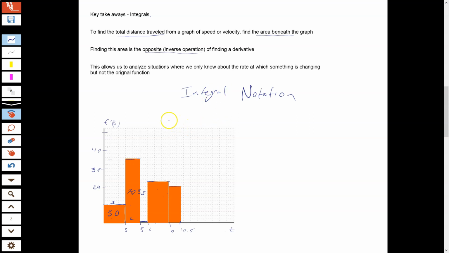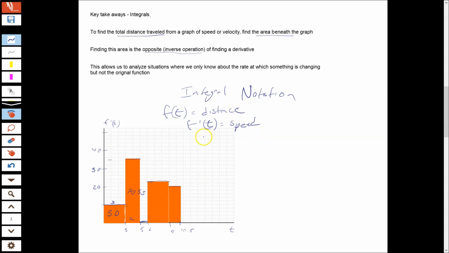So as a reminder, f of t in this case represented distance. F prime of t represented, we'll say speed. We're traveling the same direction, so speed and velocity are kind of interchangeable in this case. F prime of t was speed. Okay.